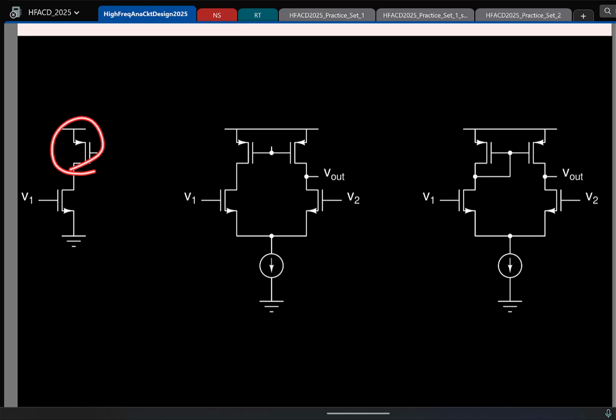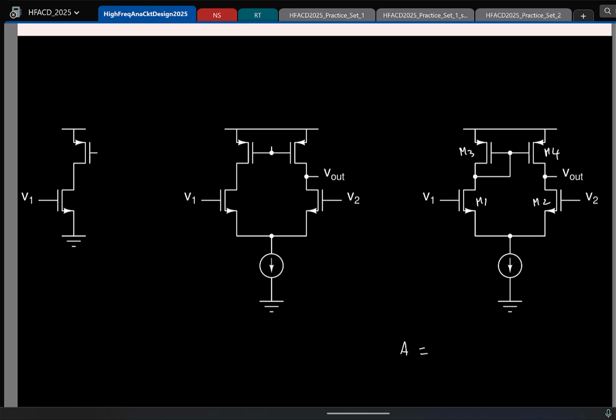We replaced it with a current source, which was a PMOS transistor, and then we made the differential version, and finally to generate the bias voltage for the current source, we did this self-biasing here, right? And here if I label the transistors, say M1, M2, M3 and M4, the short circuit gm here is coming from which transistor?